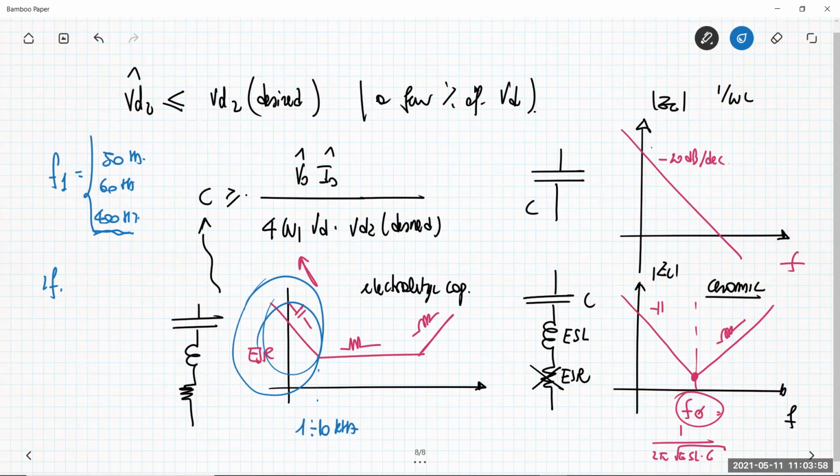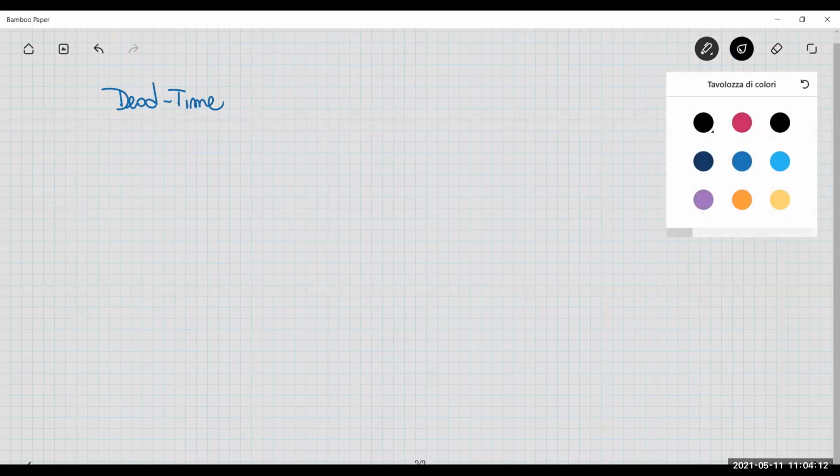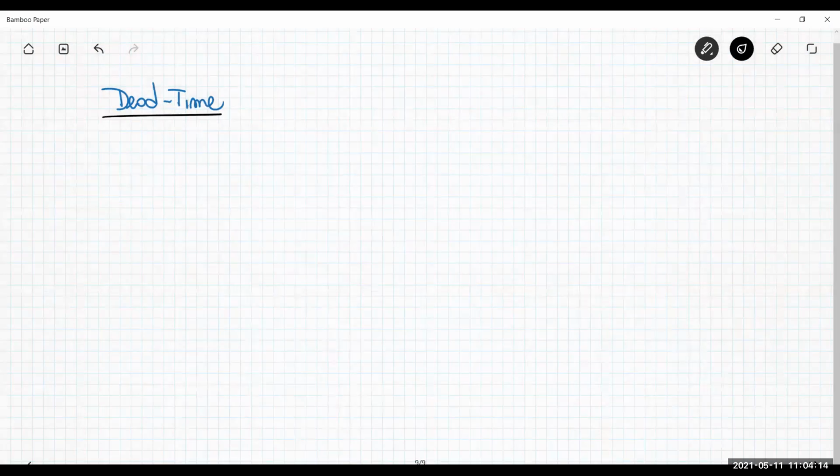Remember that time, that small time interval t delta, the dead time or blanking time, that you have to insert between the switching actions.